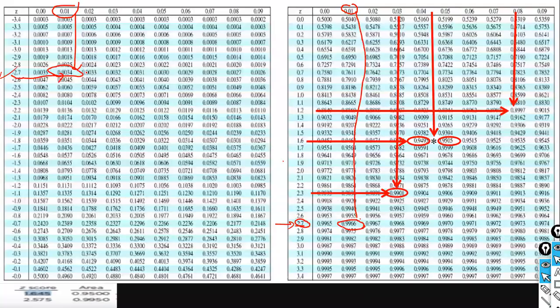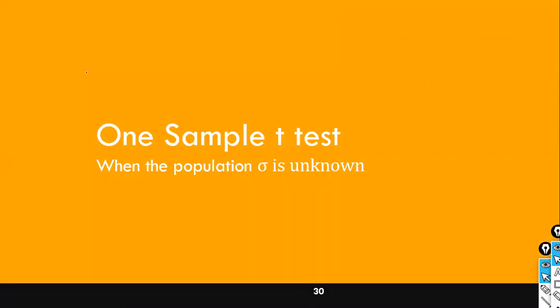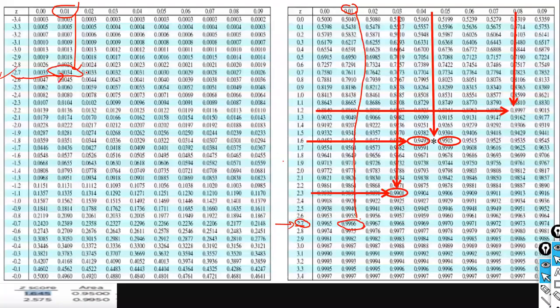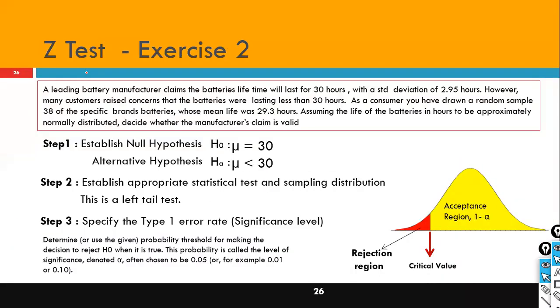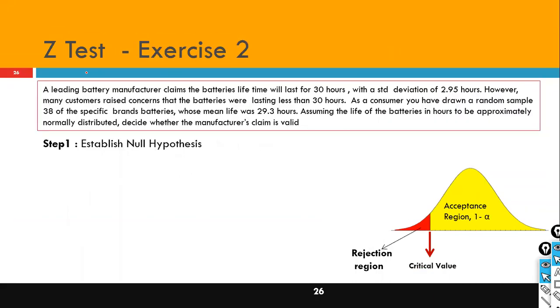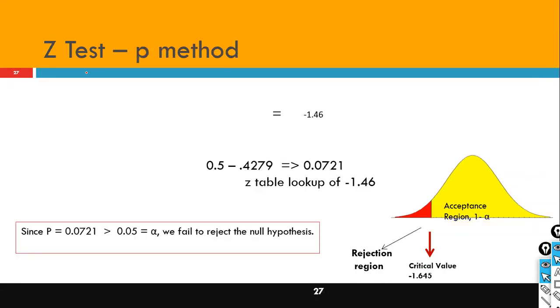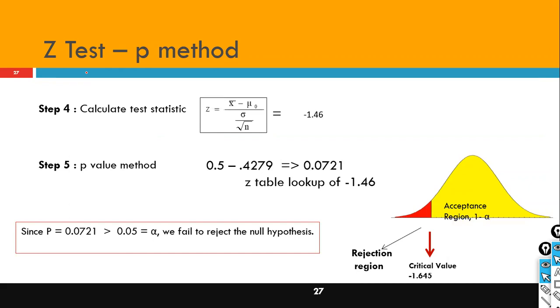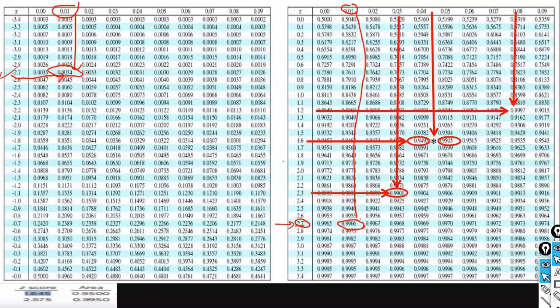One second, let me just check what is the value. Sorry. The z value is minus 1.46.